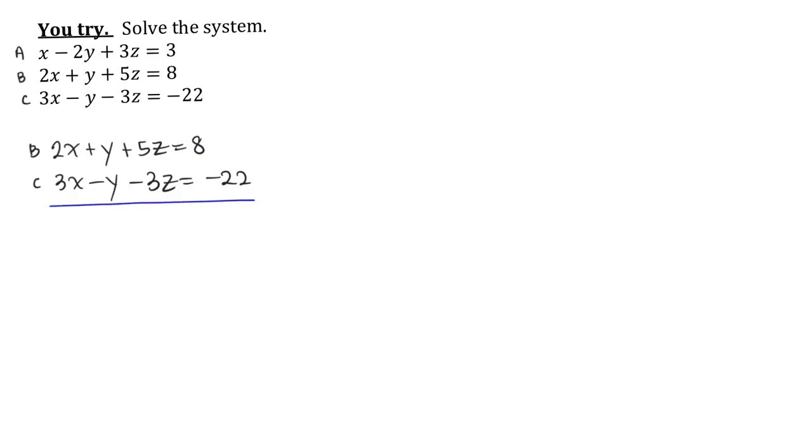Okay, so I'm going to get 5x plus 2z equals -14. Okay, now I used equation B and C. I have to use equation A on my next step. So I'm just going to go ahead and copy it down now.